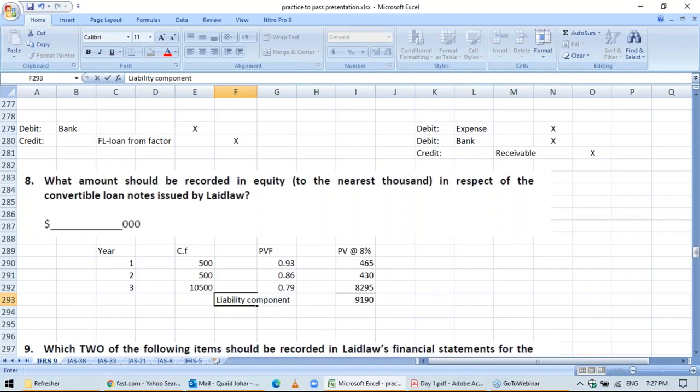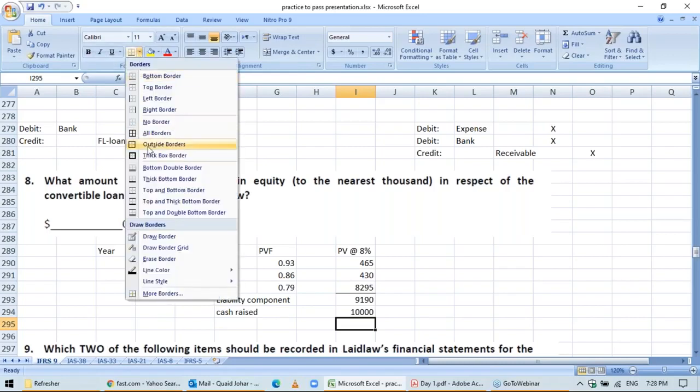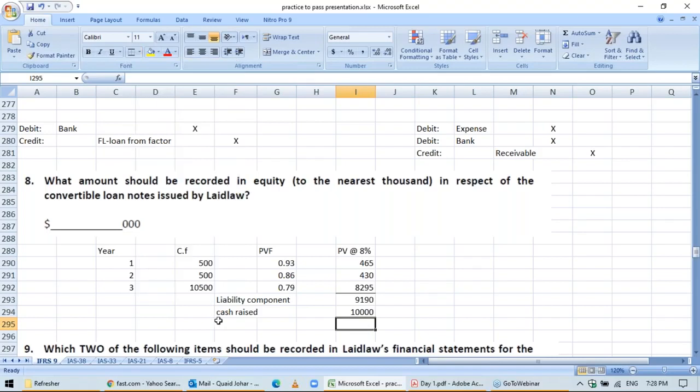And the cash raised was 10 million, the face value. So in the end, you get the equity component.